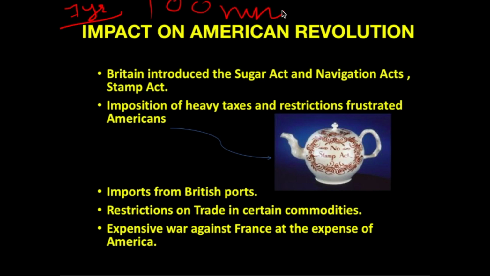So how did the British government think to recover that amount? They thought to put more taxes on the American colonies. First they started with the Sugar Act, Navigation Acts, and Stamp Acts, thus increasing the taxation burden on people. They also increased restrictions, and all these things led to the frustration of Americans.